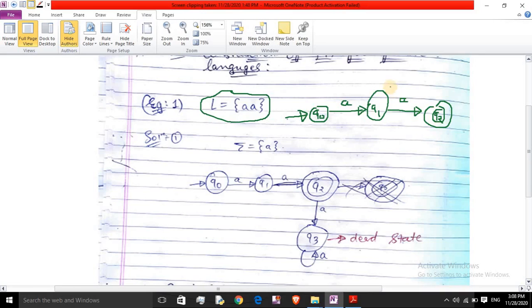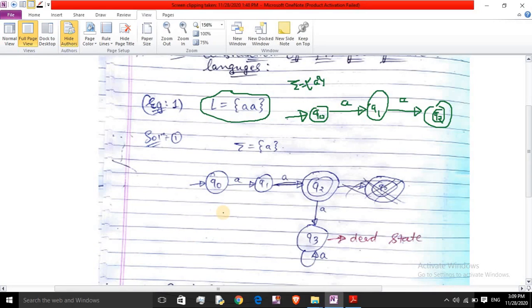Here the input alphabet of the language has only one symbol, A. So this is our finite state machine for the given language.